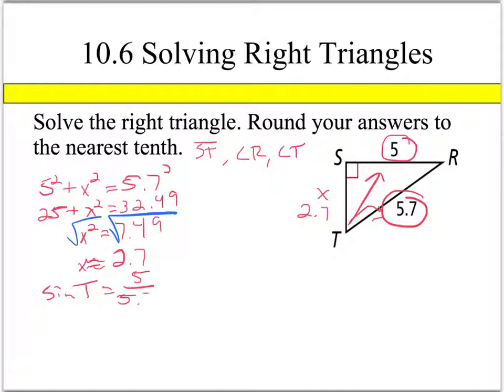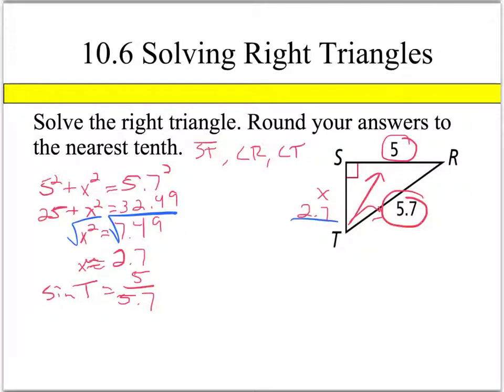Now you might be wondering why am I using sine? I want to use a trigonometric ratio, like I said before, that's going to use both 5 and 5.7. The reason why I want to use 5 and 5.7 is because those are exact answers. This 2.7 here, that's an approximate.